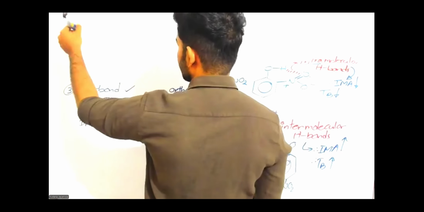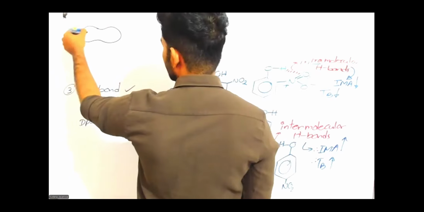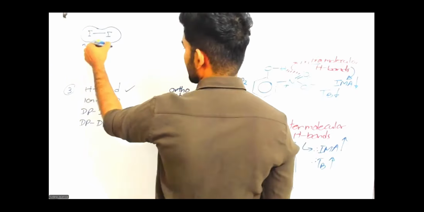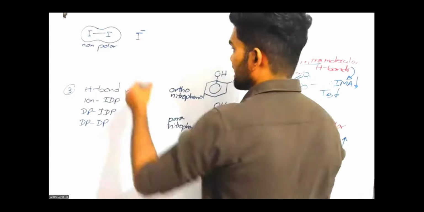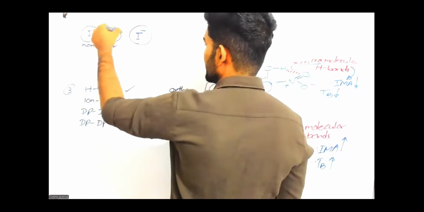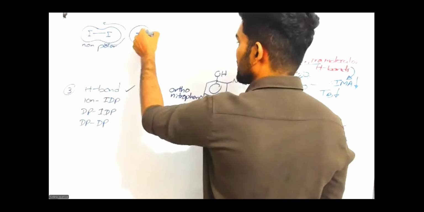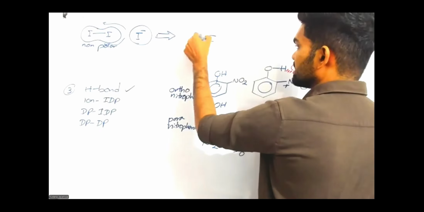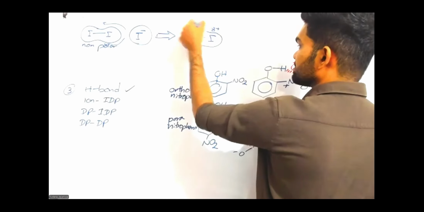I2 is a non-polar molecule. And when I minus is present there, it's an anion, so it can repel the electron cloud of this non-polar molecule. And then it will form a temporary induced dipole like this.